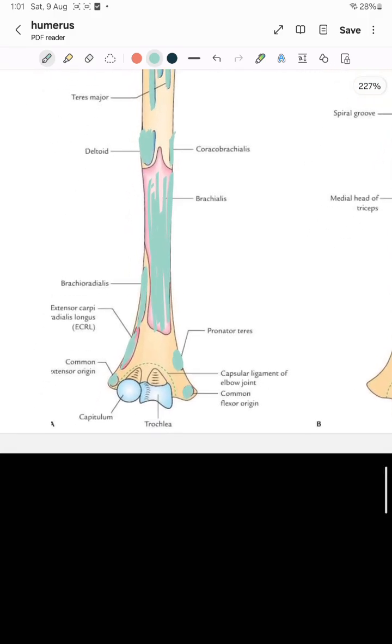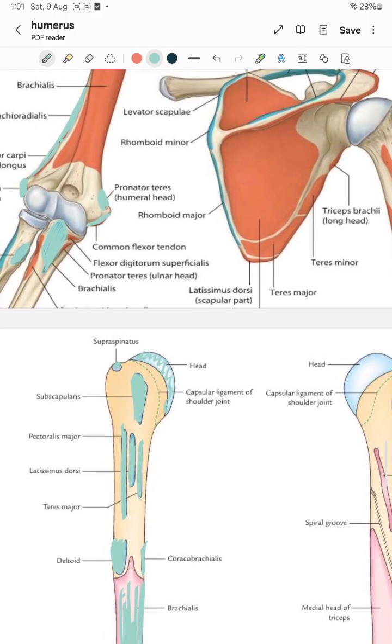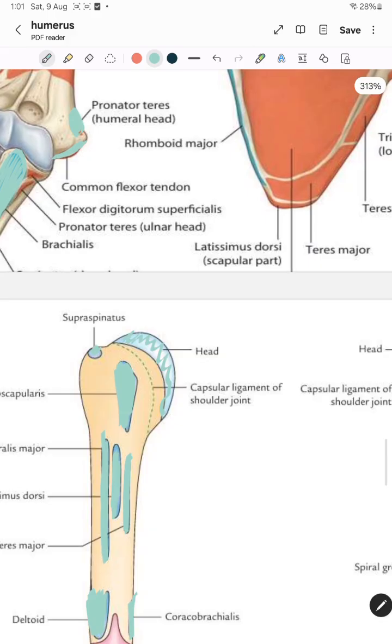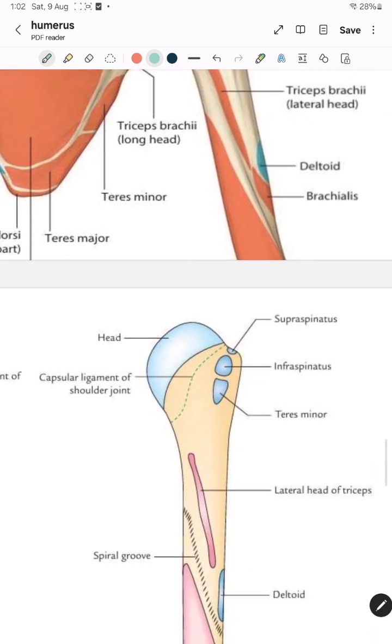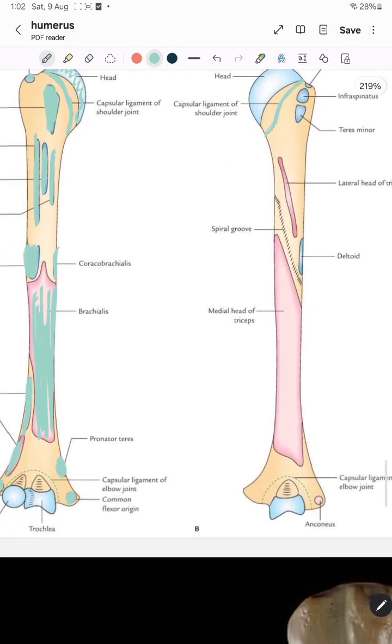The capsule of the shoulder joint is near the anatomical neck of the humerus. This is the shoulder joint capsule on the humerus.